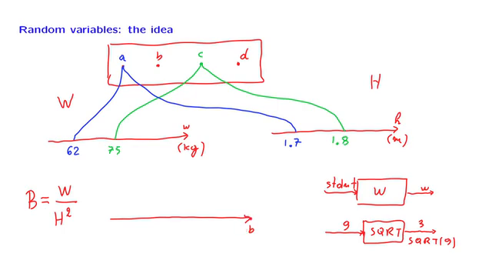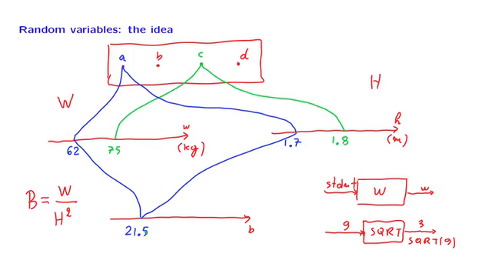Well, because once an outcome of the experiment is determined, suppose that the outcome of the experiment was the blue student, then these two numbers, 62 and 1.7, are also determined, and using those numbers, we can carry out this calculation and find the body mass index of that particular student, which in this case would be 21.5.